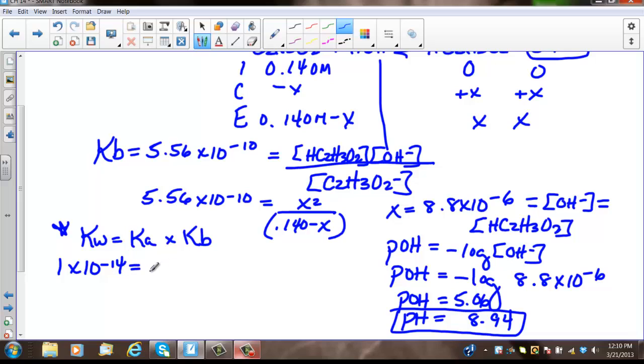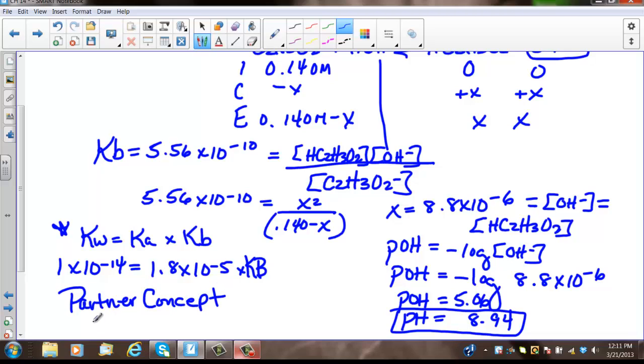You certainly know the Ka of acetic acid, which is 1.8 times 10 to the negative 5th, times the Kb. So therefore, you can solve for the Kb if you're not able to look it up and get 5.56 times 10 to the negative 10. This again refers to the partner concept of acid-base conjugate pairs.